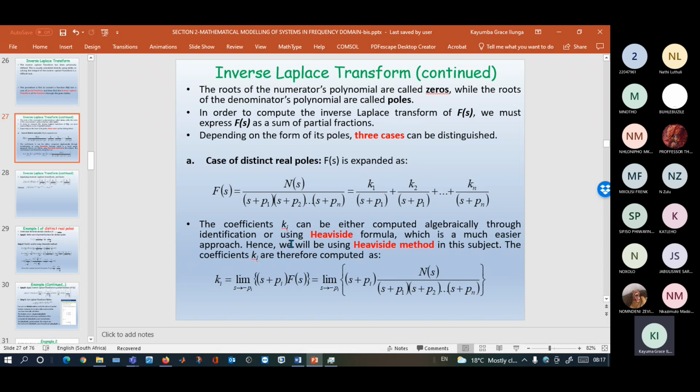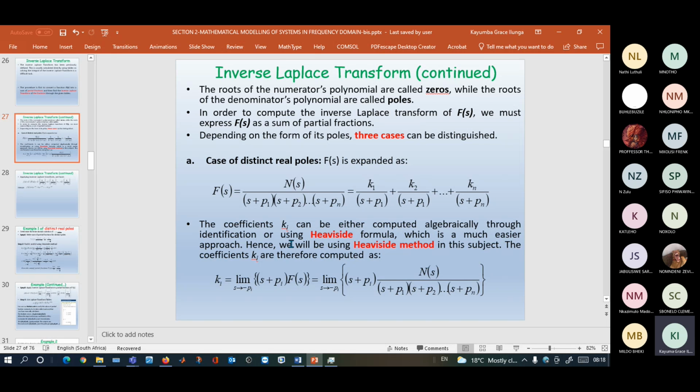To be able to solve this, there are different cases that can be used to find the inverse Laplace transform, and all those cases depend on which type of poles you have, so which type of roots of the denominator we have. We are going to talk first about the first case, which is distinct real poles.